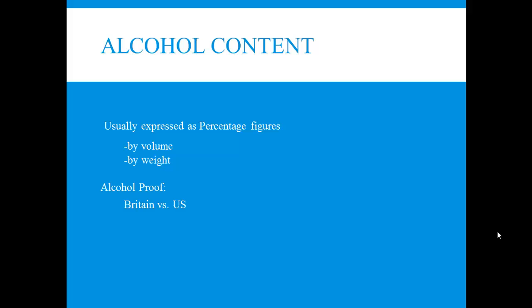Because if 10% of the total weight is made up of alcohol, then that 10% of weight has already taken into account the difference in the weight of a molecule of alcohol and a molecule of water. Whereas if we're just talking about 10% volume, the liquid composition, that value does not take into account the differences in the specific densities of alcohol versus a water molecule.